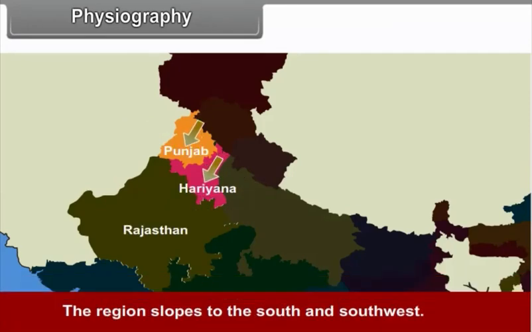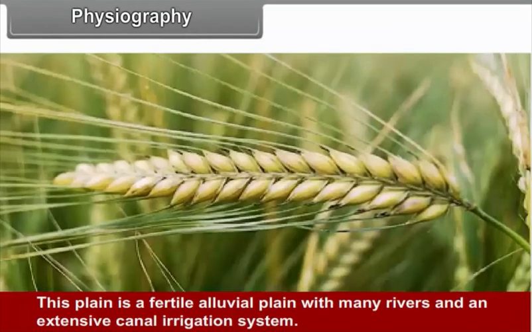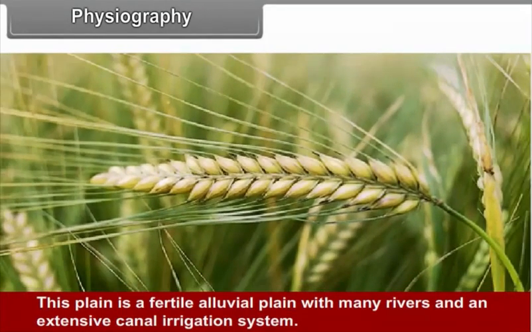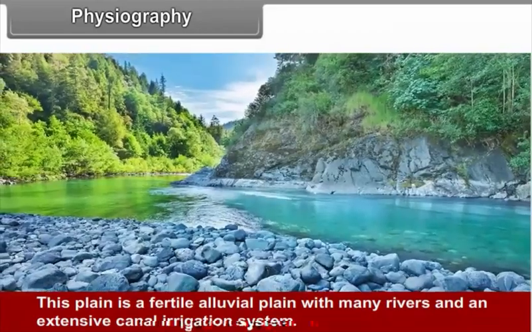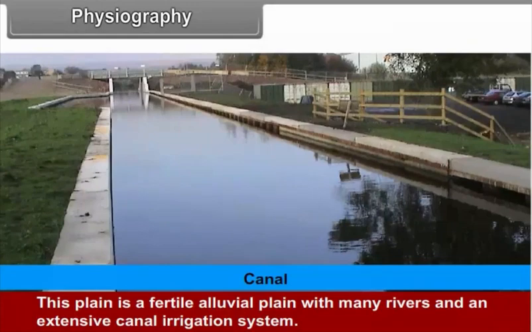The region slopes to the south and southwest. Its elevation varies between 275 meters in the northeast and 175 meters in the southwest. This plain is a fertile alluvial plain with many rivers and an extensive canal irrigation system.